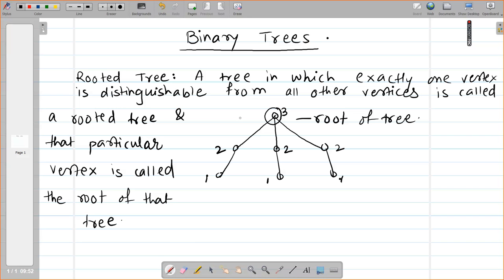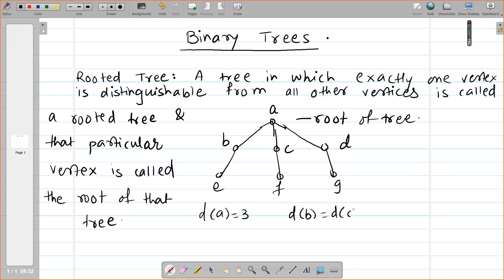So you may draw this tree, for instance. Give names A, B, C, D, E, F, G. So degree of A is 3, degree of B, C, D is 2, degree of E, F, G is 1.